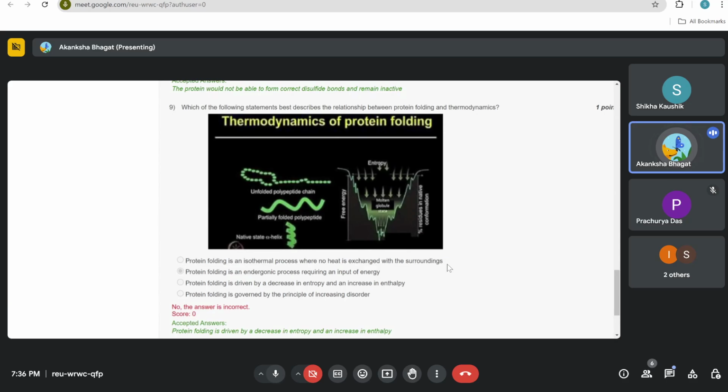Ma'am, because protein folding does require input of energy. I don't know whether I have taken this particular concept with you or not, but your proteins are folded and remain in that state because there is no randomness and there is stability in that protein.